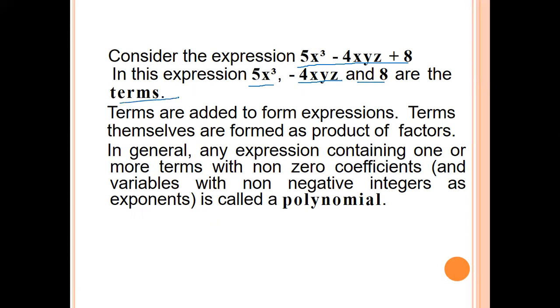Terms are added to form an expression. Terms themselves are formed as products of factors. In general, any expression containing one or more terms with non-zero coefficients and variables with non-negative integers as exponents is called a polynomial.